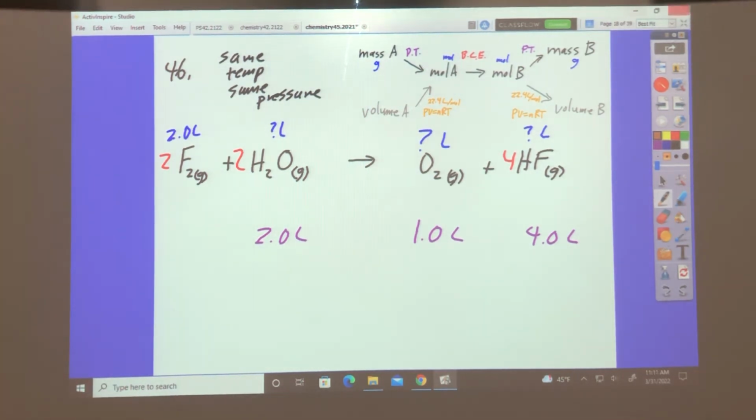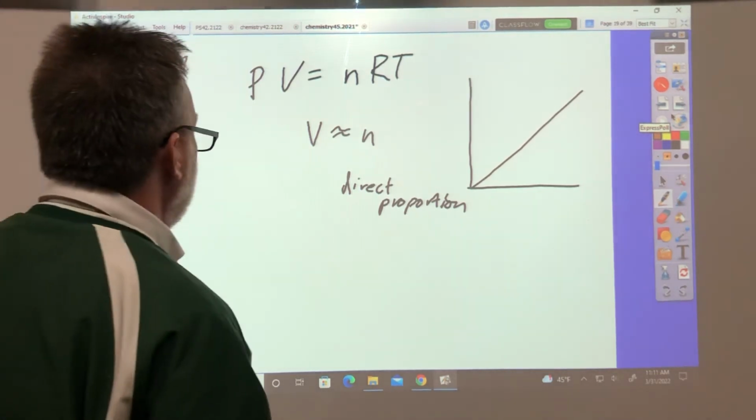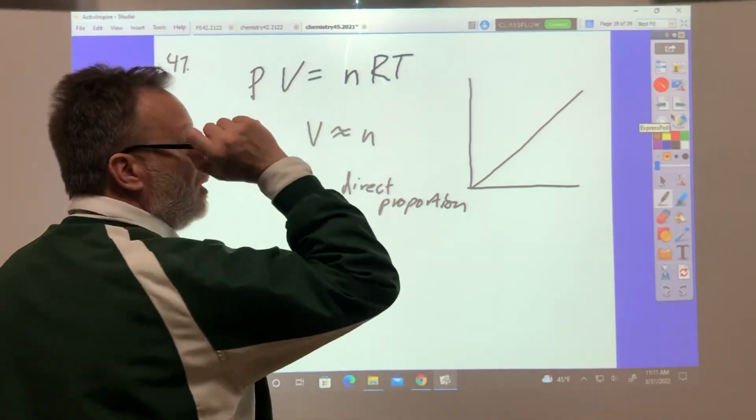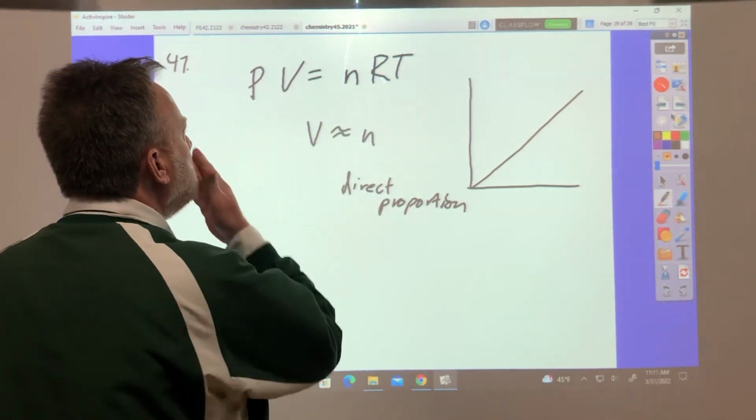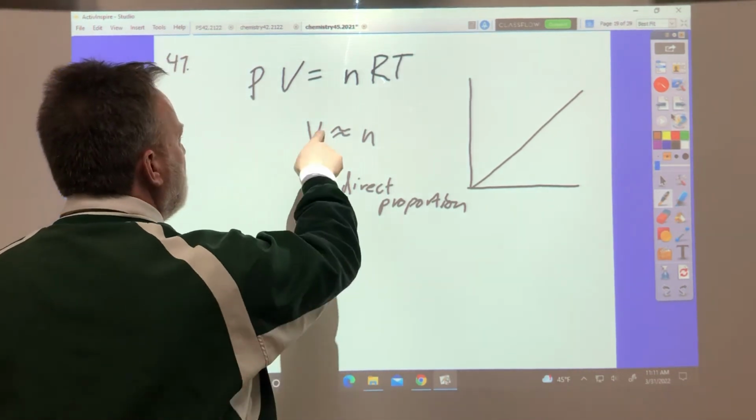47. Is the volume of a gas directly or inversely proportional to the number of moles at a constant temperature and pressure? Explain. Okay, if you use PV equals nRT, the ideal gas law, V is proportional to n.